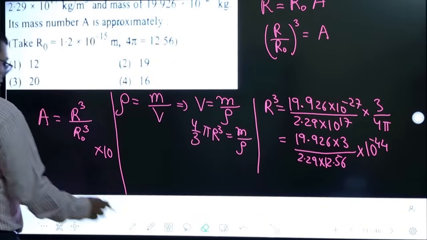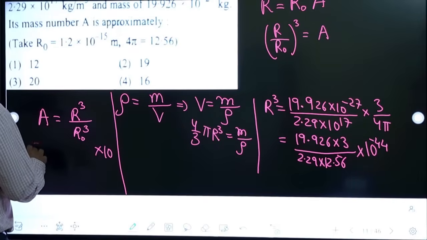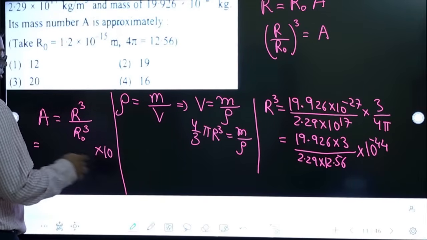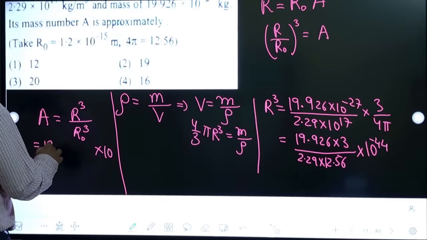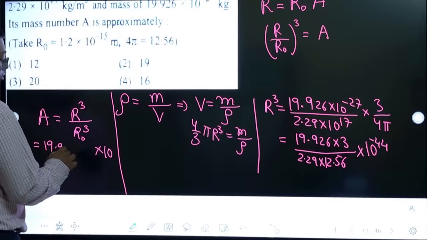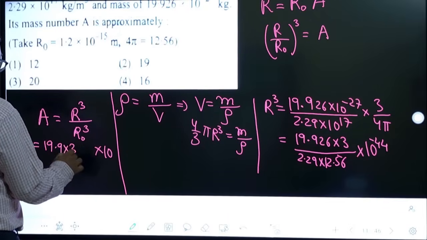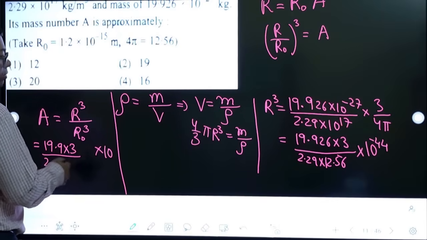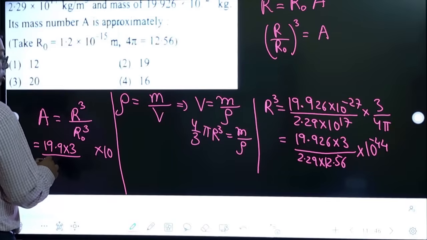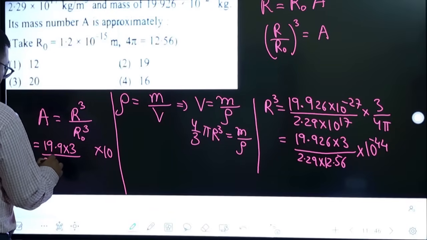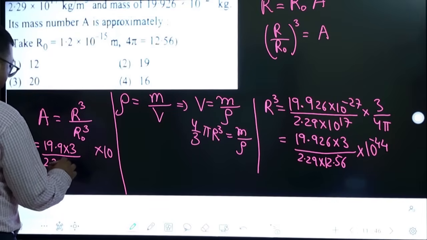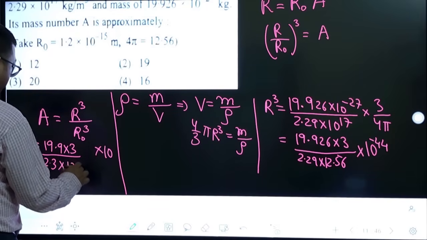That whole thing which we are getting there, we have to just divide a little bit patiently. If you want, you can multiply it also, but I am not multiplying it. I will keep one digit. Then this is 12.6 nearly.